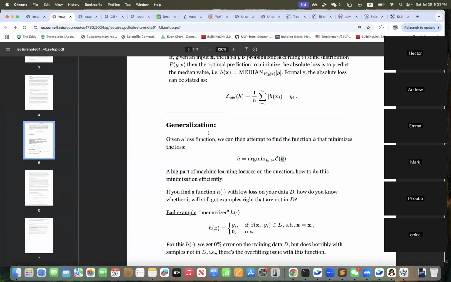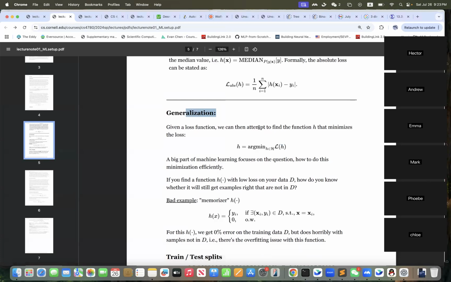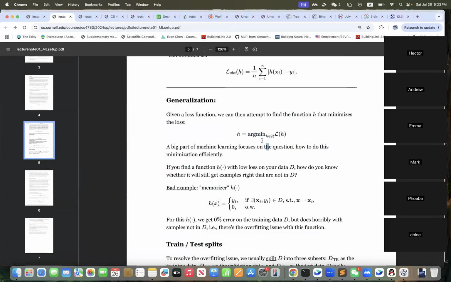In general cases, we have a loss function and we attempt to find an h that minimizes the loss, right? So what does this mean? You are selecting arg. Arg is argument, meaning a changing variable, something constantly changing that you want to choose from.